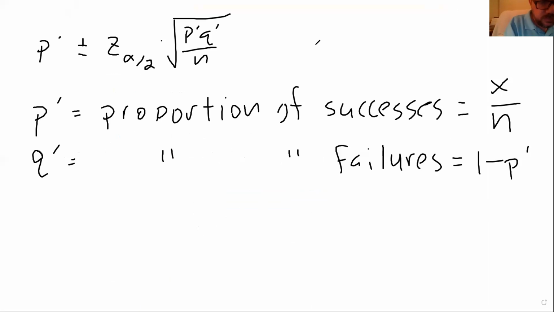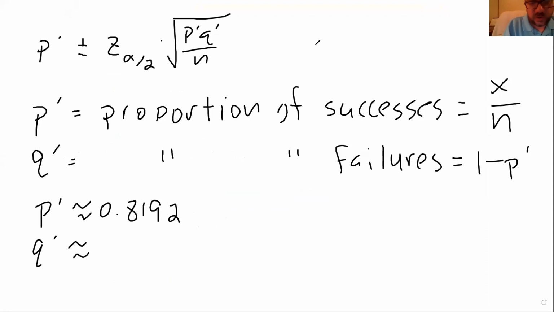So P prime is about equal to 0.8192. So Q prime, again, we're going to use our subtract from 1 trick here. So 0.1808.